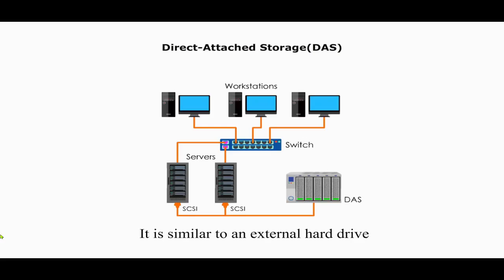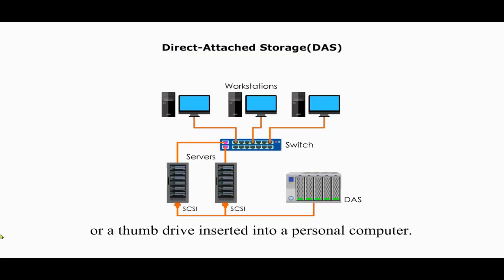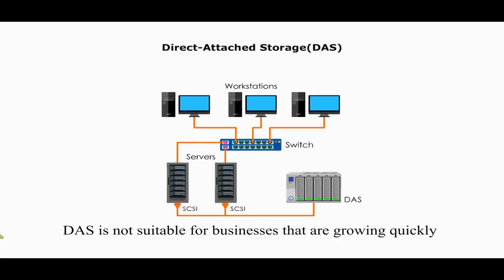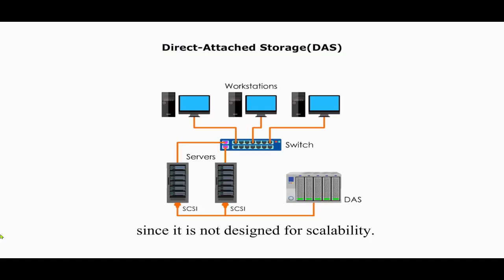It is similar to an external hard drive or thumb drive inserted into a personal computer. DAS is not designed for sharing data across the network. DAS is not suitable for businesses that are growing quickly since it's not designed for scalability. It is most suitable for small businesses that share data locally with little IT support.